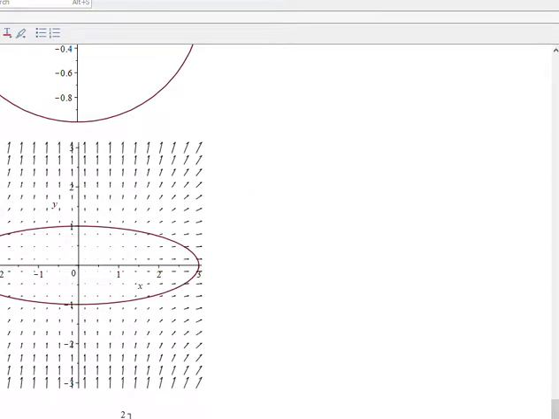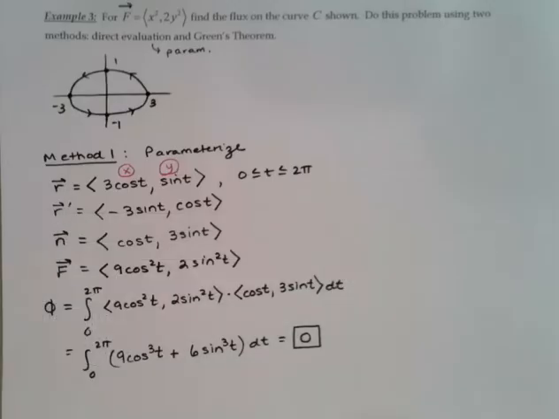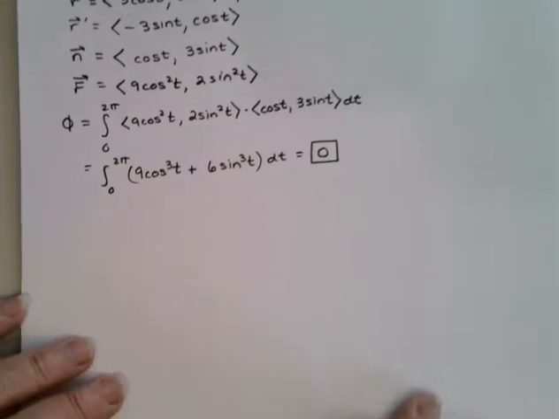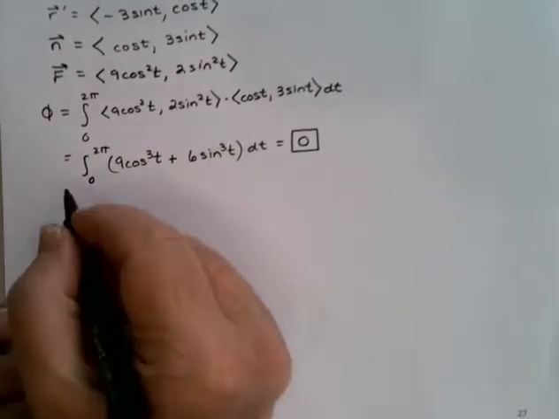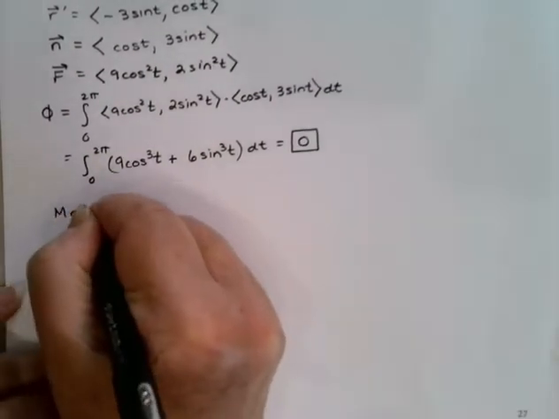All right, let me close down Maple here and go back to our notes. So, not surprisingly, we did get 0. Let's go ahead and redo this problem now using Green's theorem and see what happens there. So method 2, our new form of Green's theorem for the flux integrals.